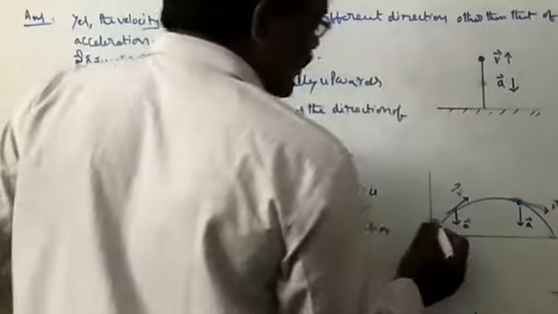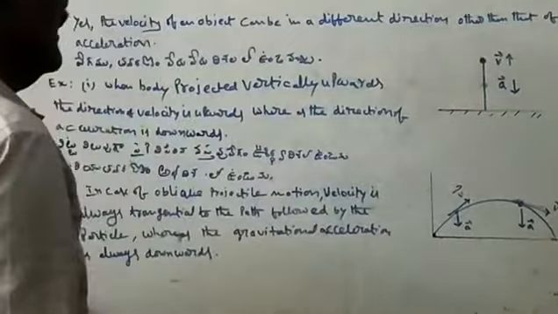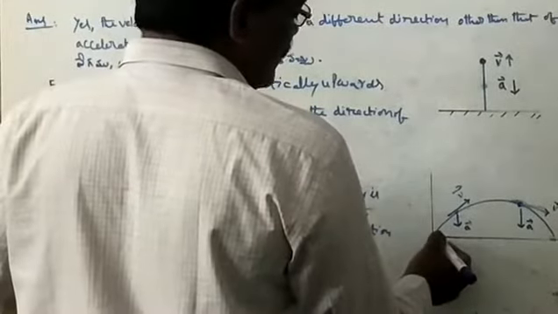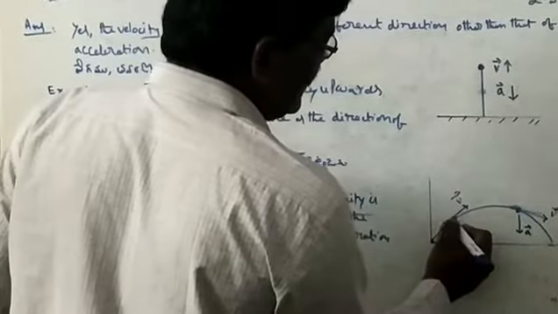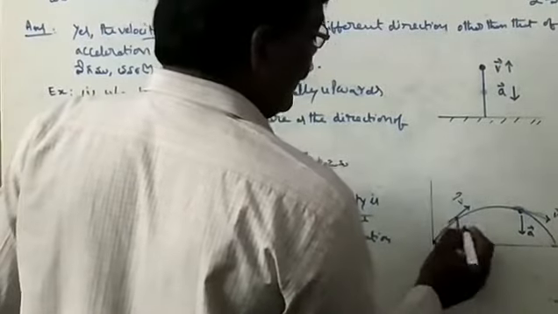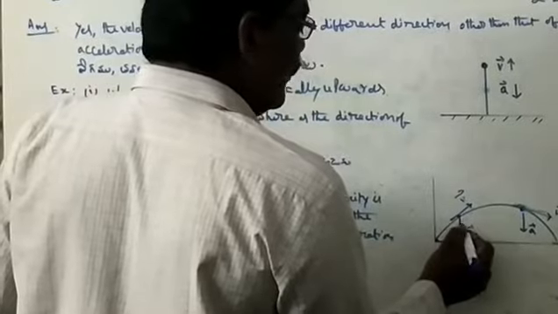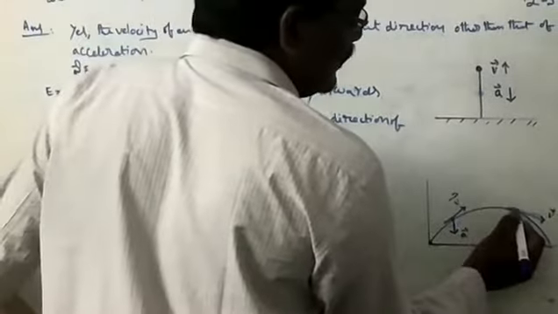If a body is projected at an angle other than 90 degrees, the body travels along a parabolic path due to the gravitational force of attraction. At any point, the direction of velocity is tangential at that point, and the acceleration is vertically downwards. Take another point, where the body reaches.